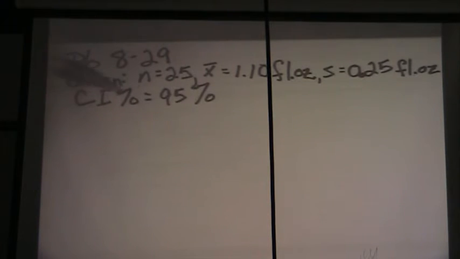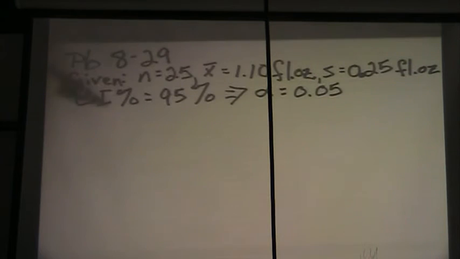All right, so 95% implies alpha equals 0.05.